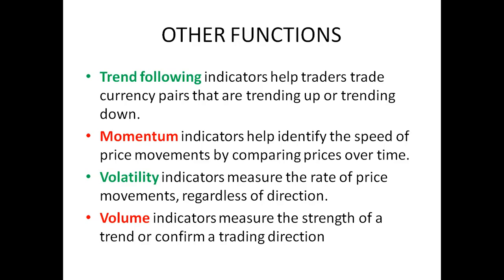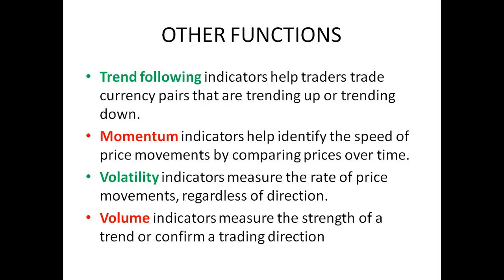This one is talking about the speed of price. And this one is talking about the rate at which that speed is occurring, whether it's at higher rate, lower rate, or minimal rate.